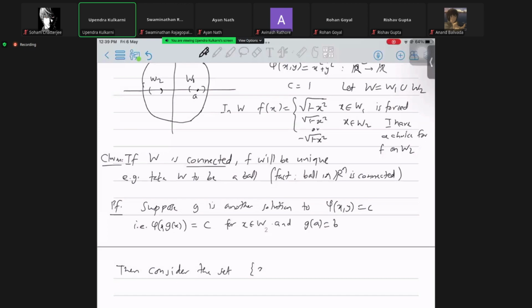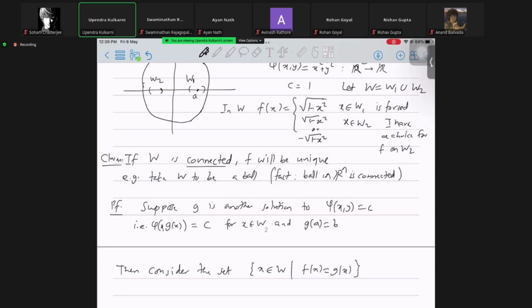Consider the set of x in W such that f of x equals g of x. Do you know one element of this set? A. So this set is non-empty. So now what I do is I try to show that this set is both closed and open.